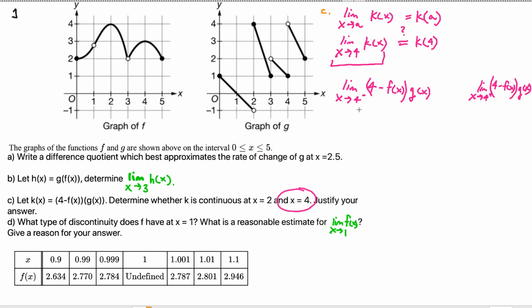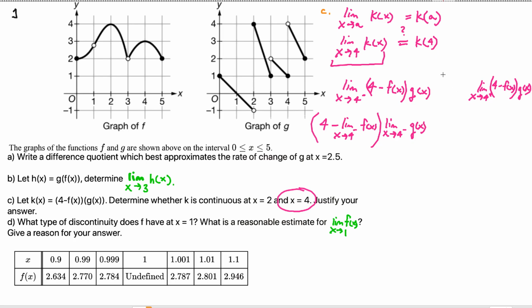You'd get something like what we had in the last problem, which was 4 minus the limit as x goes to 4 from the left of f of x, all of that times the limit as x goes to 4 from the left of g of x.